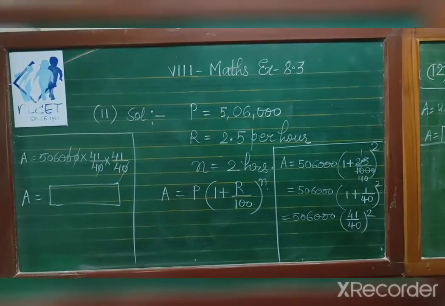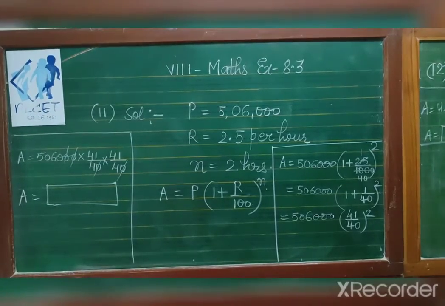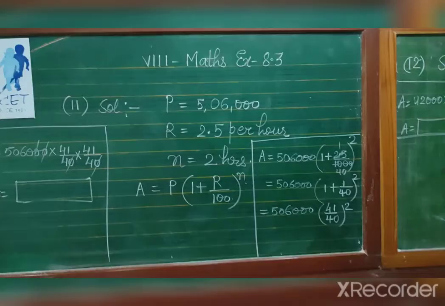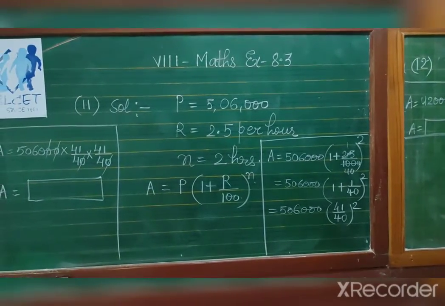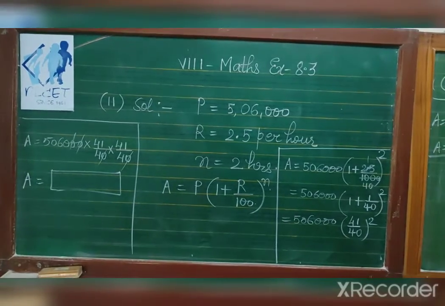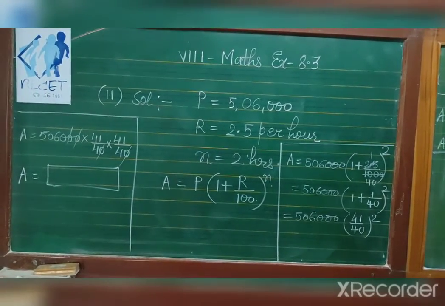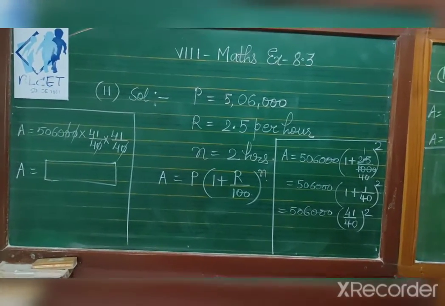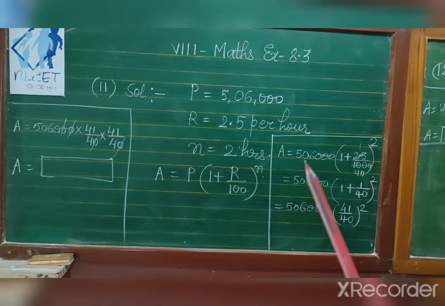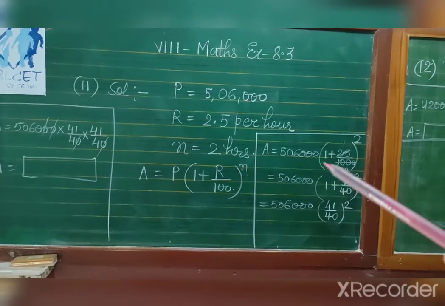Now students, see in the 11th one solution, P equal to 5,06,000 and rate, that means bacteria initial bacteria, and rate 2.5 per hour and n equal to 2 hours. So formula you will apply this 1 plus r upon 100 to the power n into P. So put the value.